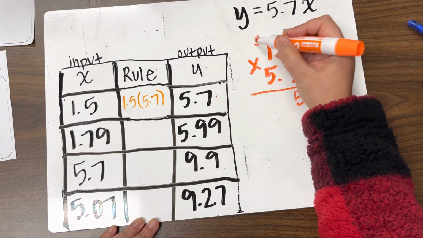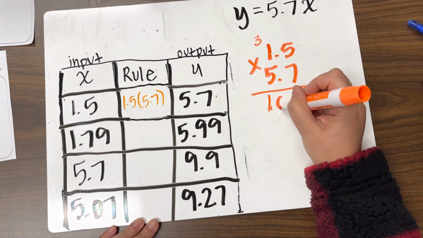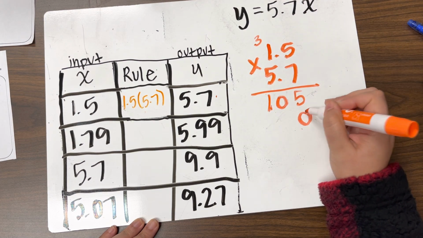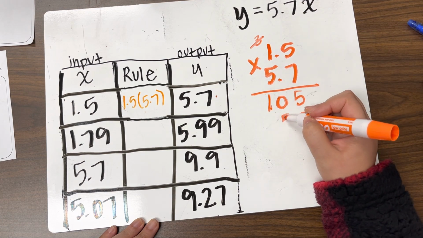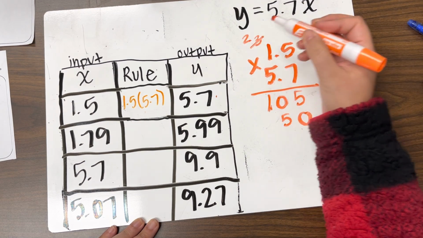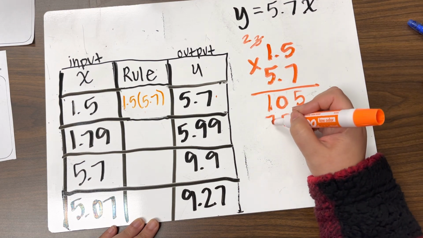Carry the 3. 7 times 1 is 7, plus 3 more is 10. Drop your 0. Cross this out. 5 times 5 is 25. Carry the 2. 5 times 1 is 5, plus 2 more is 7.